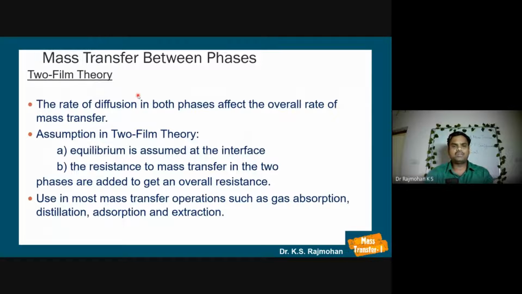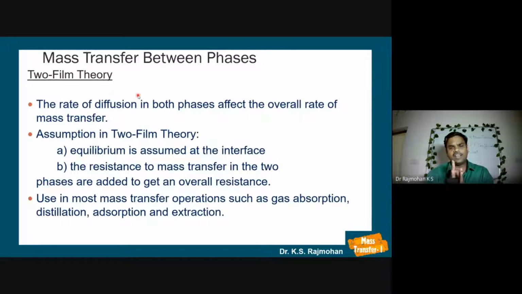This two film theory makes some assumptions. Whenever there is an interface, you have the gas phase and liquid phase coming in contact with each other, and whatever is leaving or entering the gas film or liquid film, gas and liquid are in equilibrium at the interface. That means xi is the interface concentration in the liquid phase, and yi is the gas phase concentration of solute A on the gas side at the interface.